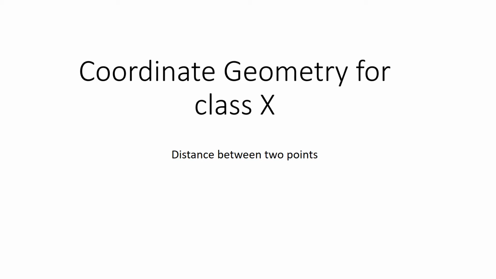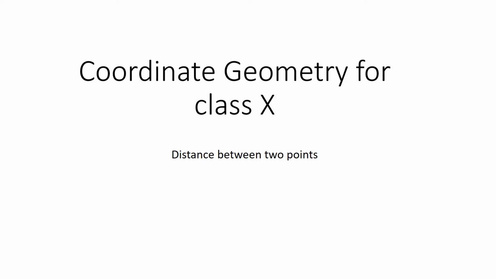If you draw a perpendicular from that point on the x-axis, the distance of the point to that axis is y, whereas if you draw a perpendicular on the y-axis, the distance from the y-axis to that point is x. And the third axis is perpendicular to the xy plane; the height from that plane is defined by the z-axis. What we are doing here is studying the 2D case only, the two-dimensional case.